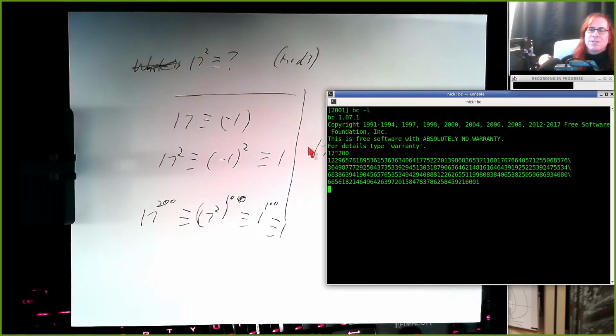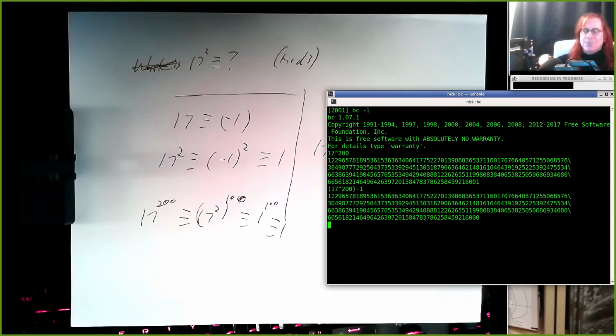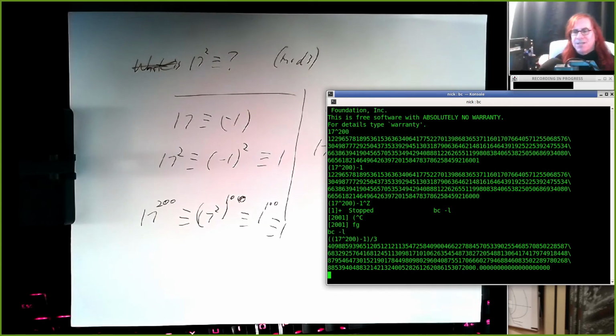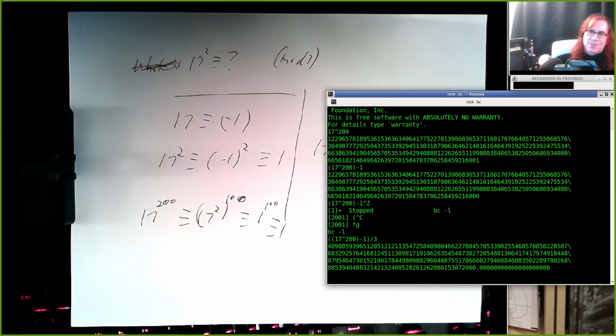Well, there's 17 to the 200th. There's 17 to the 200th minus 1. And if I divide it by 3, I get an integer. It's a big integer, but it's an integer.